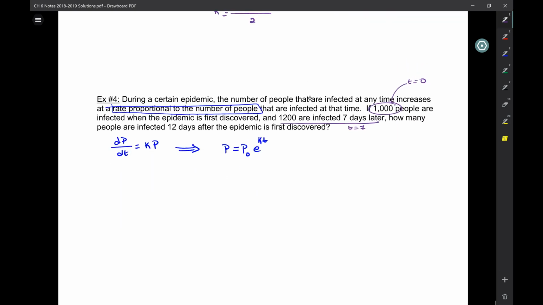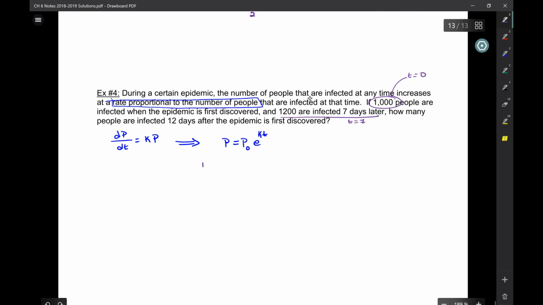So, same situation. 1,200 equals 1,000 e to the k times 7. So first you have to find k, because everything is the same for each of the problems. What's unique is the value of k, specific to the case at hand.